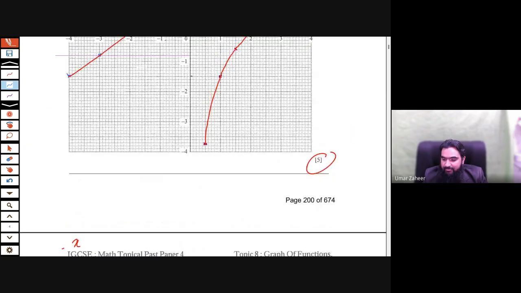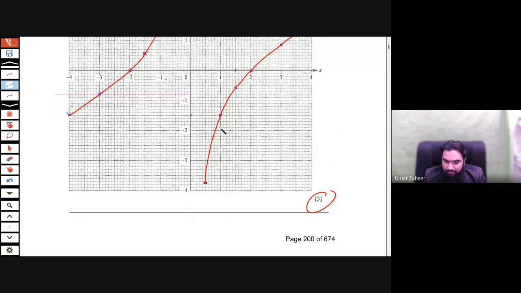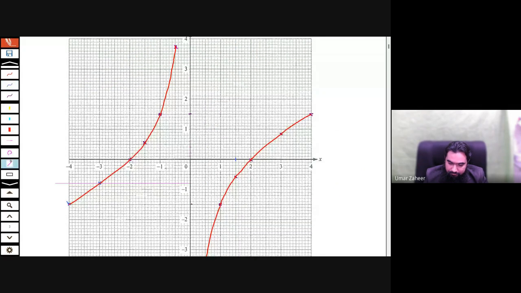So what we will do, we will draw the line y is equal to 1. Look here, y is equal to 1 crosses the graph at two places, at this point and at this point.